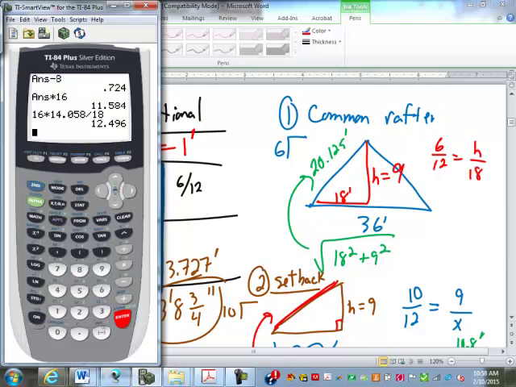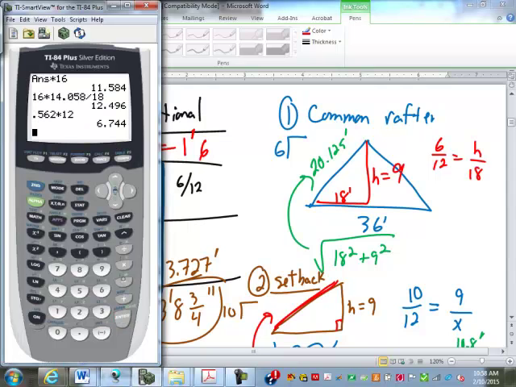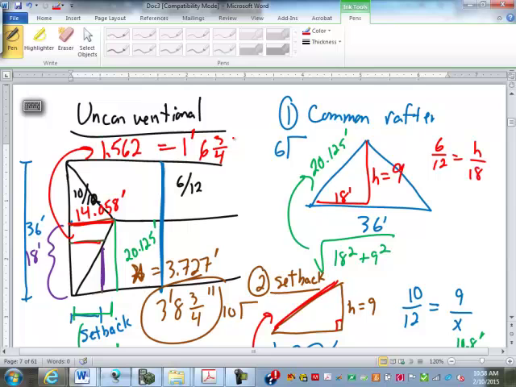We're going to take 0.562 times 12, which gives us 6.744. So that's 6, and it's going to be 3/4, but we'll go through the process. Times 16 gives us 11.9, so it's 12 sixteenths, or 3/4.